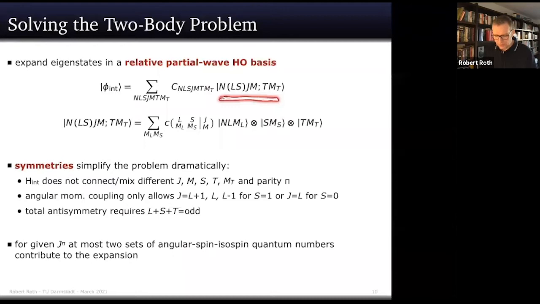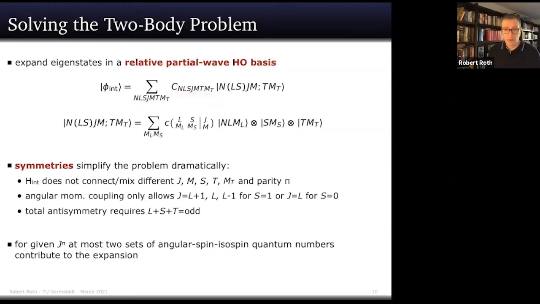So this is now the relative harmonic oscillator with angular momentum coupling. And we expand our intrinsic state, the eigenstate that we are looking for, formally in this relative harmonic oscillator basis. And we introduce expansion coefficients, which carry all the quantum numbers, and we sum over all the quantum numbers.